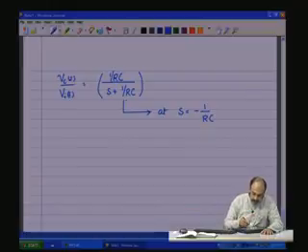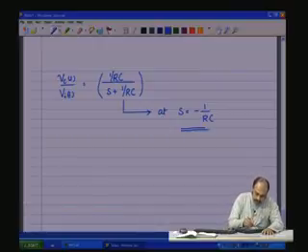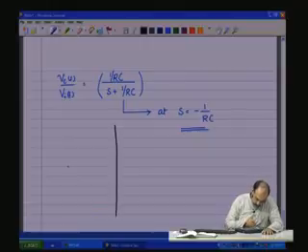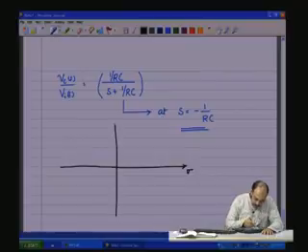You have only one pole, which is located at S equal to minus 1 by R C, which means if I now draw the S plane, I have the S plane, you have the sigma, you have the omega. So, this is the S plane.